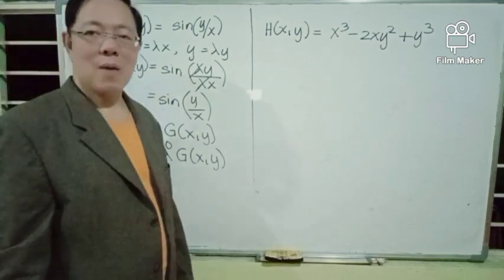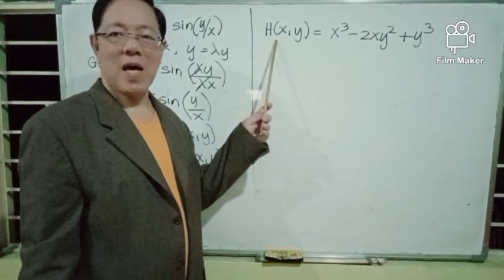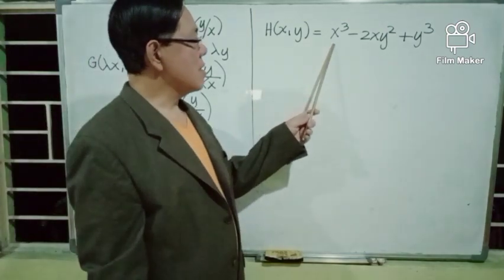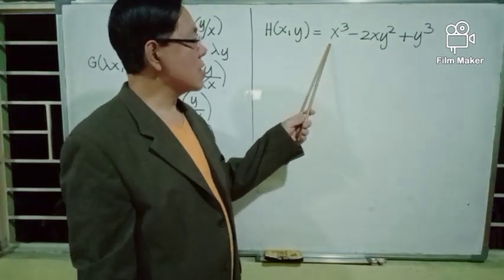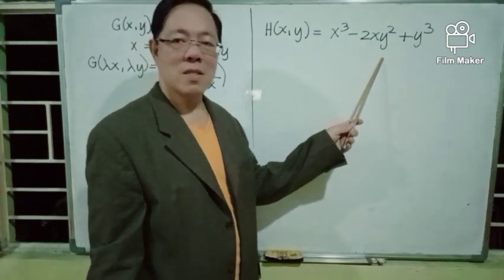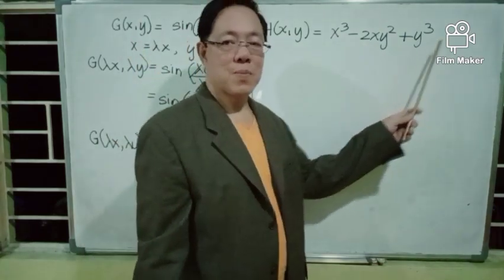For our third example, consider the function h of x y defined by this polynomial function x cubed minus 2 x y squared plus y cubed.